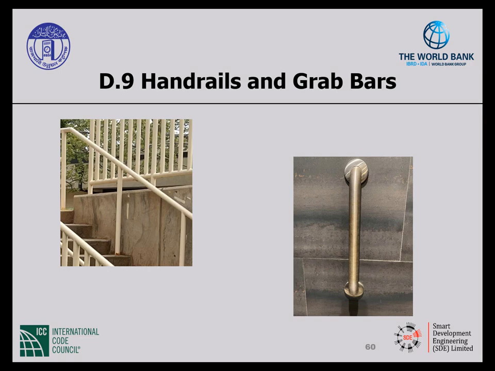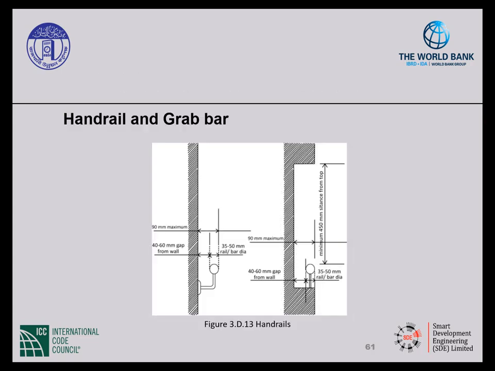Things to consider are that they provide an accurate size and shape, they're slip resistant, free of sharp or abrasive edges or corners, the rail or the bar is secure to the supporting wall or floor, it's a continuous gripping surface, maintains constant height, it has a contrast to its surrounding, and it doesn't encroach in minimum clearances. All grab bars or handrails in a facility should have a circular section of 35 to 50 millimeters external diameter or an equivalent gripping surface.